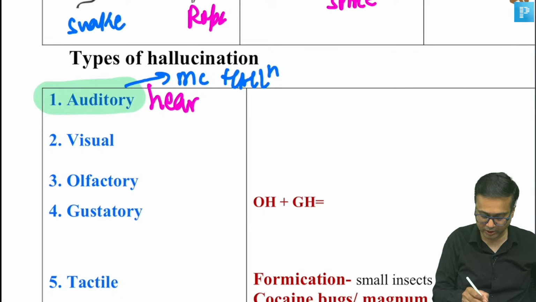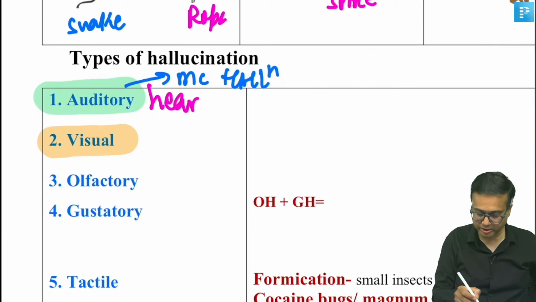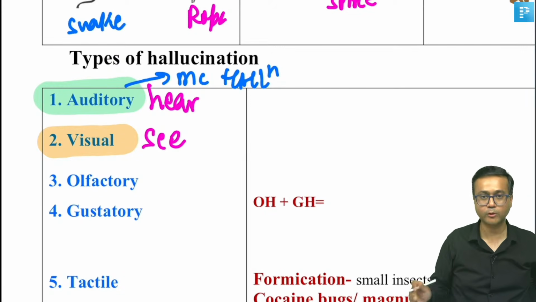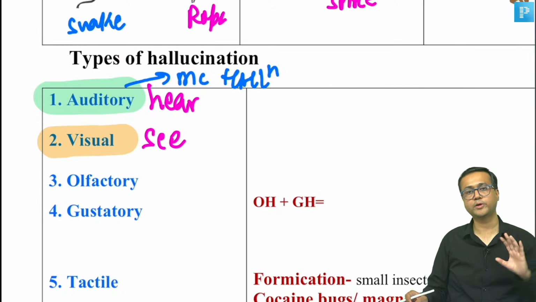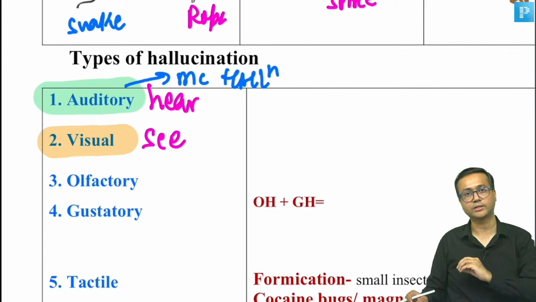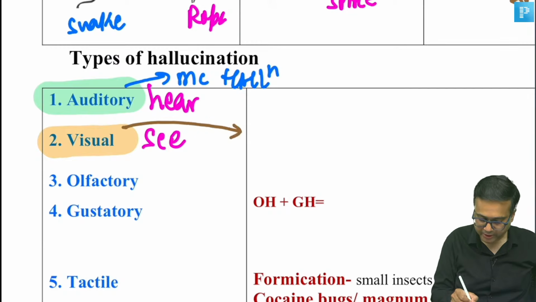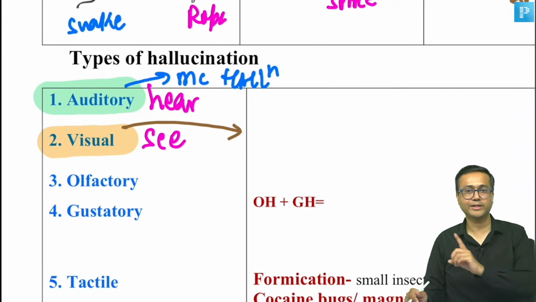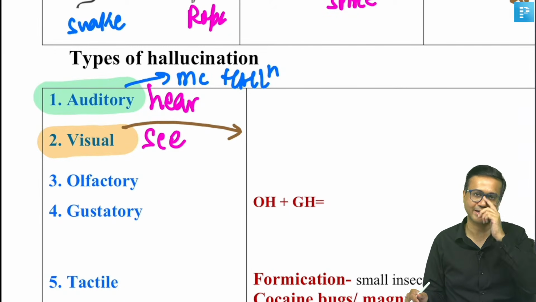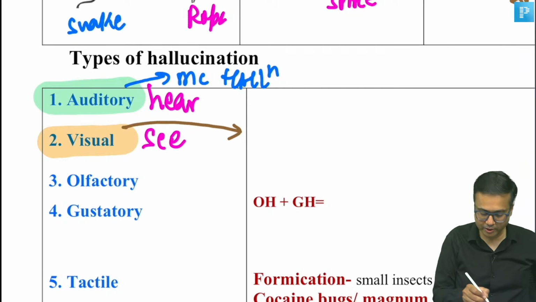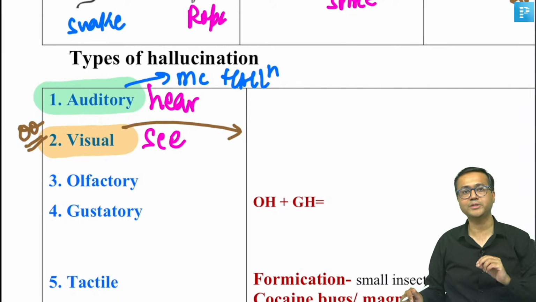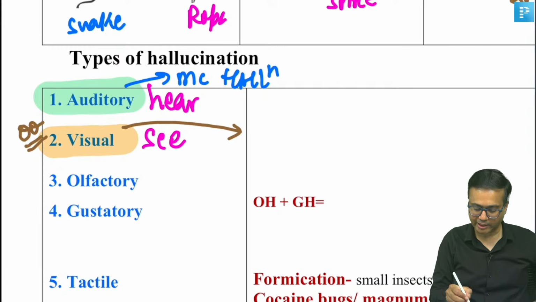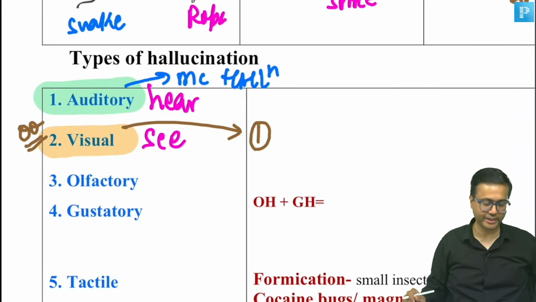Beta, what is visual hallucination? Visual hallucination means the person can see things not seen by others. It could be any object, some animal, or even a human figure. So this is visual hallucination. One important point: hallucination is a psychotic symptom. It can be seen in psychotic disorders like schizophrenia, other conditions. But if the question mentions visual hallucination, can you tell me an important diagnosis which should come to your mind?